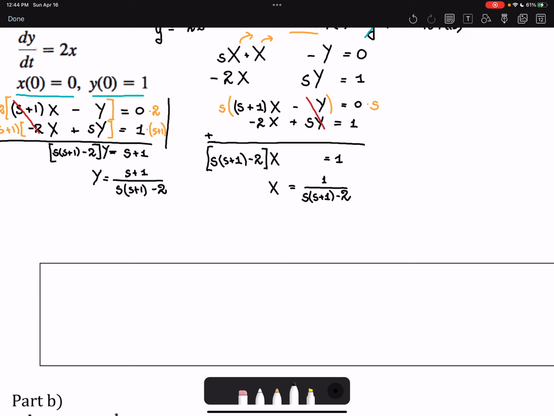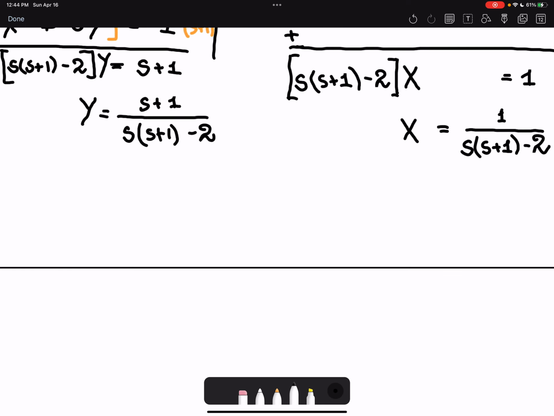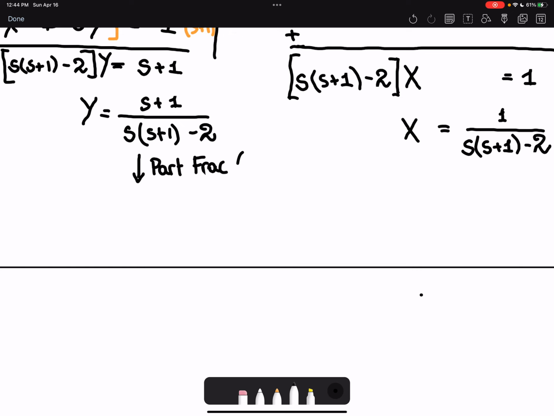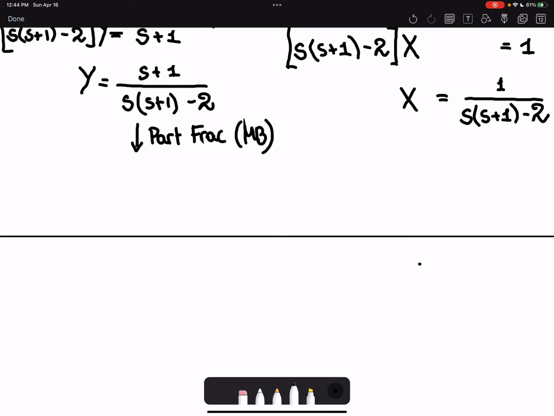and what I get is, I use partfrac in MATLAB, and what we get out of the first one is 2/3 times 1 over S minus 1.